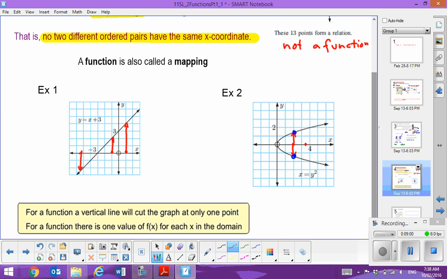Another case here, take another x value, we get 2 y values. So this one is not a function. Whereas this one is a function.